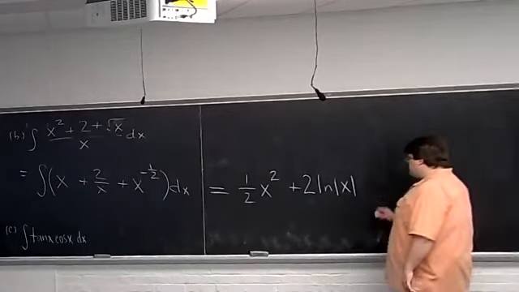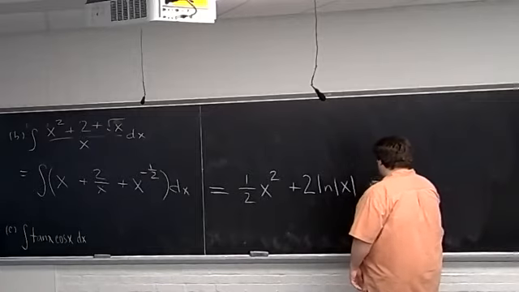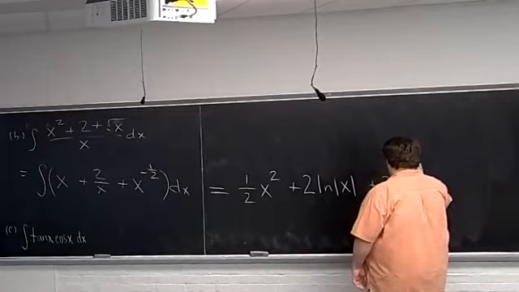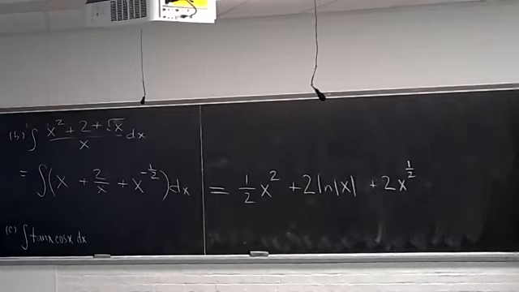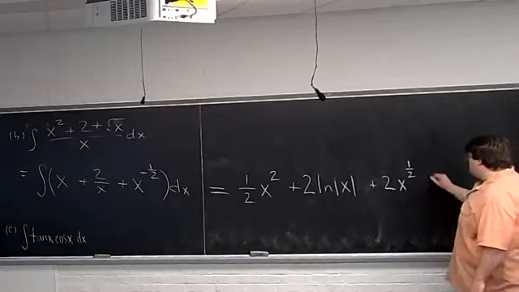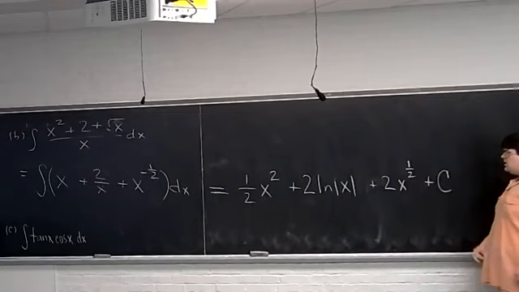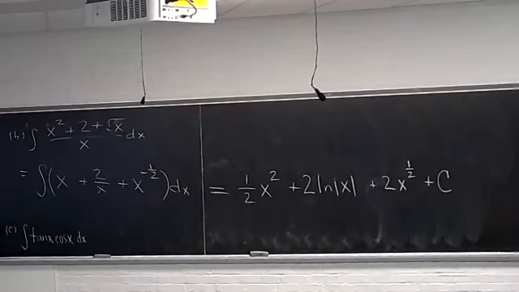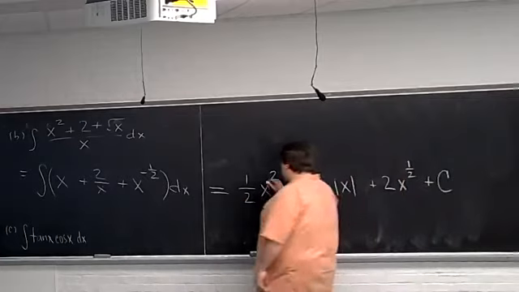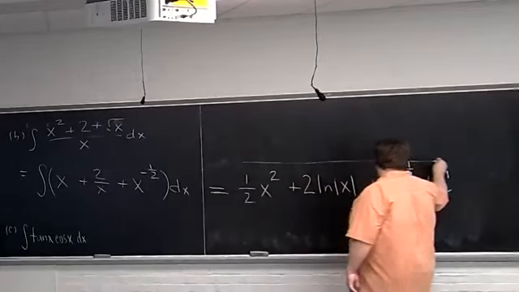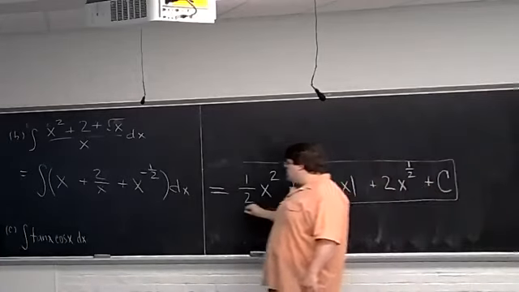Okay, how about the last piece? Two x to the half. Where did that come from? Well, if 2x to the half is the correct third piece, then if we add a constant c, we can check our work and see if this is right.